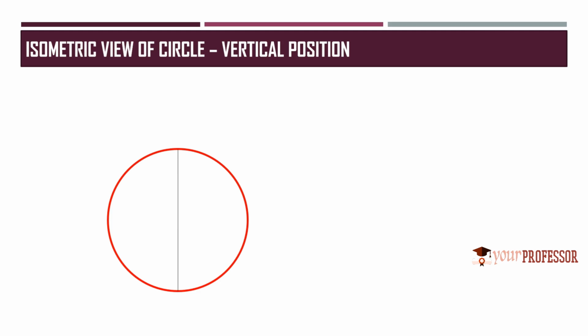Let the lower end point be A, upper end point be C. And next, draw a horizontal line passing through the center like this. Consider the right hand side point as B, left hand side point as D, right? Here the dimension I have considered is 80 mm diameter. You can consider as per your wish, no problem.